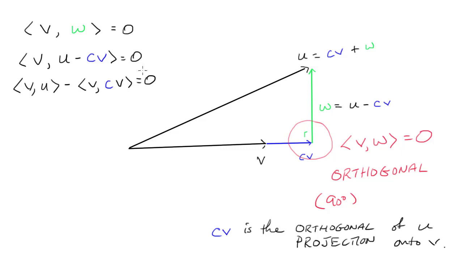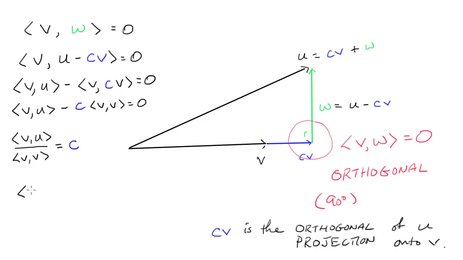Pull out constants. And now I'll solve for c. This is rewritten often as divided by the length squared.